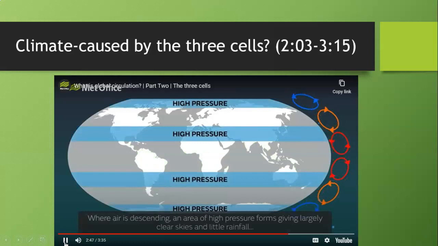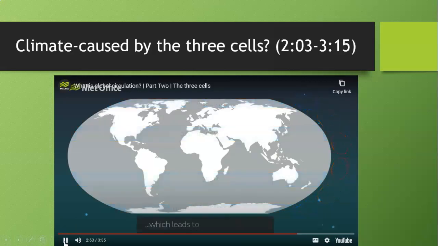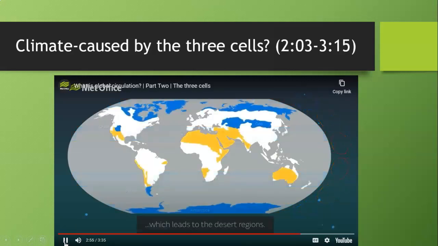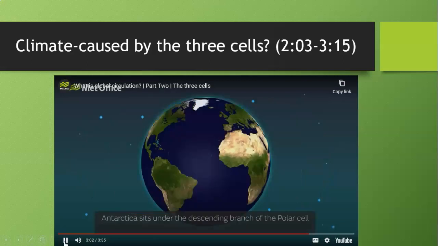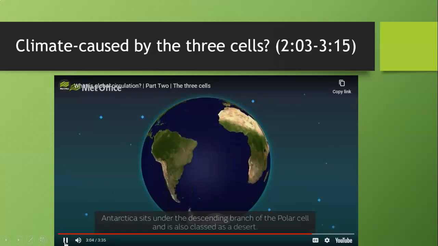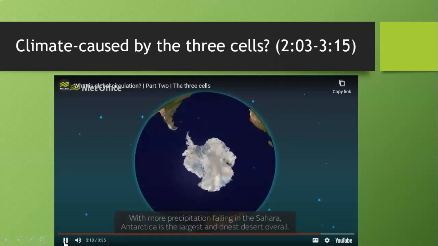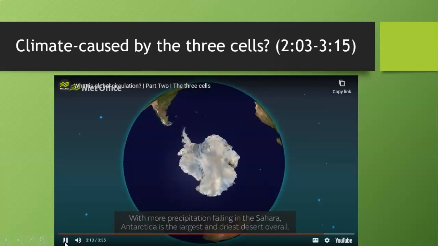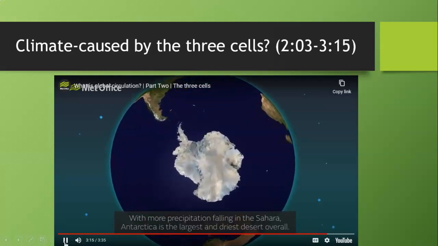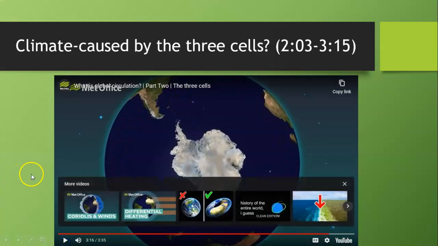Where air is descending, an area of high pressure forms, giving largely clear skies and little rainfall, which leads to the desert regions. But not all deserts are hot. Antarctica sits under the descending branch of the polar cell and is also classed as a desert. With more precipitation falling in the Sahara, Antarctica is the largest and driest desert overall.